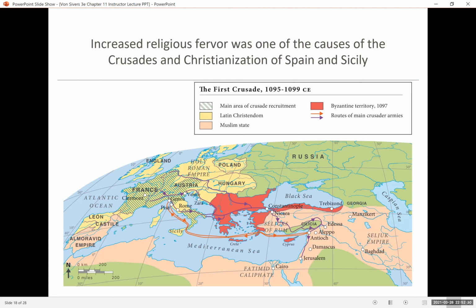So you can see why this is even today an extremely controversial movement, because when Pope Urban II calls for the crusade, he gives the Crusaders ideas about what they're going to do that were not at all what the emperor of the Byzantine Empire asked for.